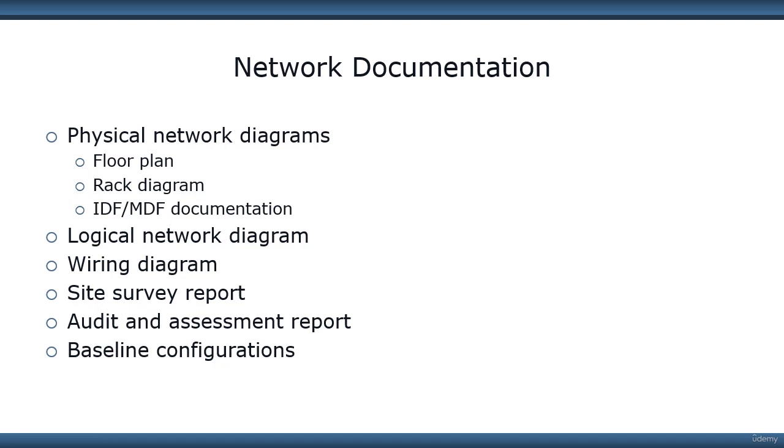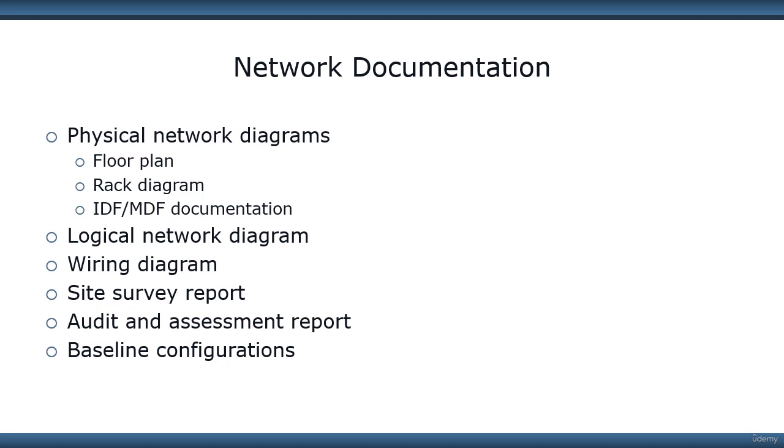IDF and MDF documentation, if you remember, those are the physical LAN wirings, the intermediate distribution frame, the main distribution frame. We talked about it briefly, but that would be a diagram of those core switches and how they physically connect all of the network. Logical wiring, or a logical network diagram, is a diagram that identifies subnets, clients, servers, other very important devices.